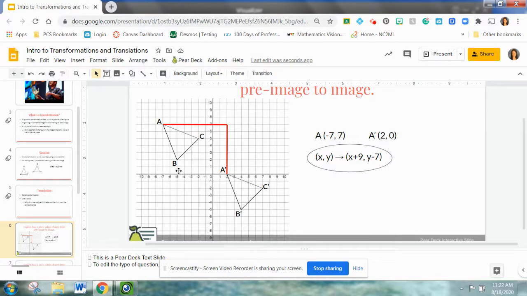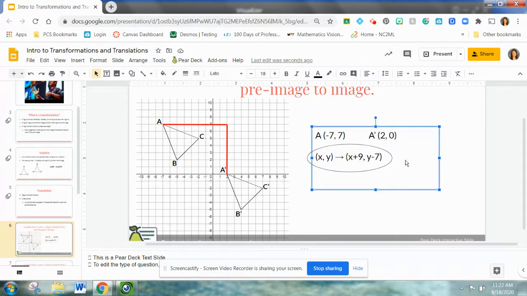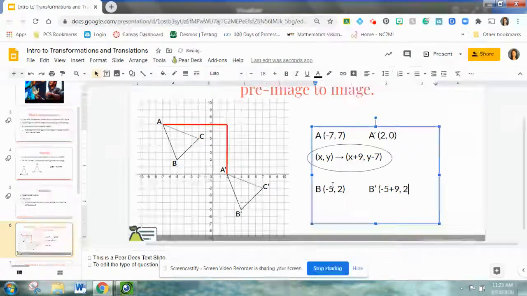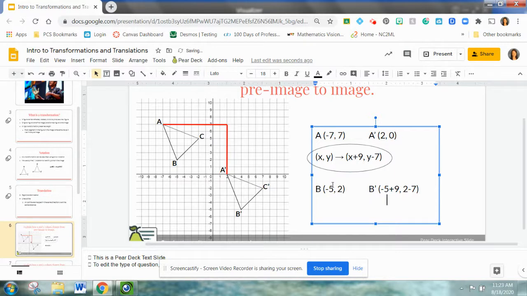So let's look at B. B starts at -5, 2. If I use my translation rule that I have circled up above, what I should do to find my new coordinates for B prime is -5 plus 9 and 2 minus 7, which is going to give me a B prime coordinate of 4, -5.